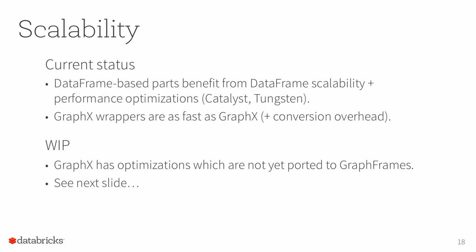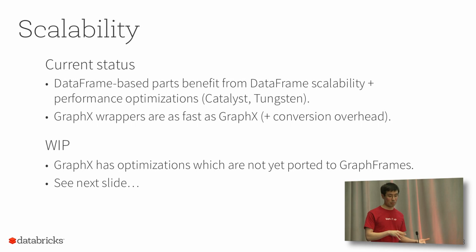Cool, so of course I should mention scalability. The current status is that the data frame based parts benefit from data frame scalability and performance optimizations like Catalyst, Project Tungsten, and so on. The GraphX wrappers, as I said before, are about as fast as GraphX plus some conversion cost.